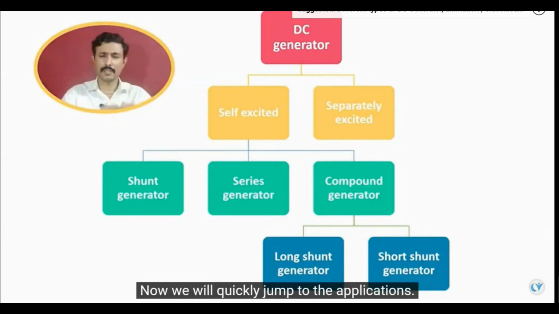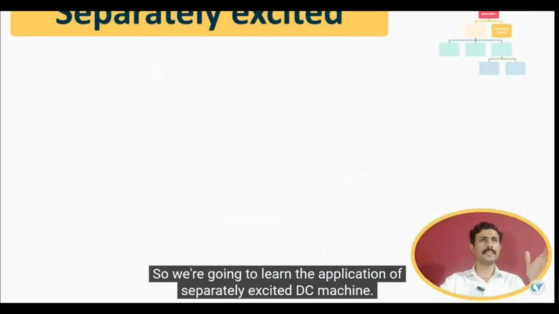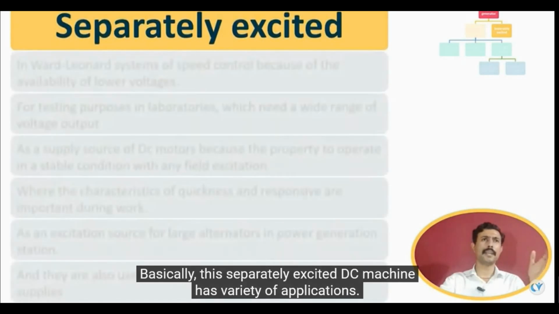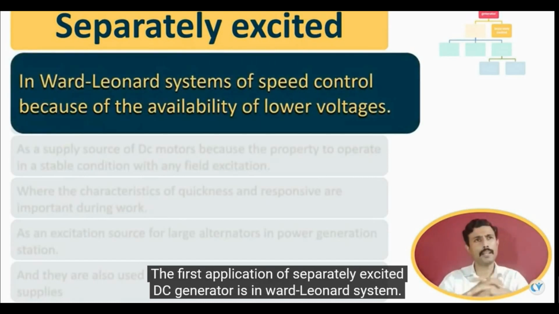Now we'll quickly jump to the applications. So we are going to learn the applications of the separately excited DC machine. Basically, this machine has a variety of applications. The first application of the separately excited DC generator is in the Ward-Leonard system.